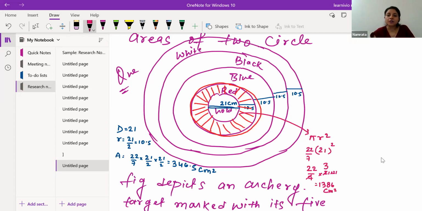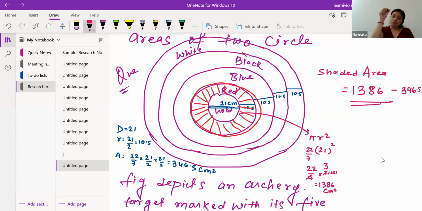So what we will do, shaded area is equal to the bigger area, that is 1386, minus the smaller area which we found in decimal, 346.5. This will give the shaded red part's area, that red marked section area. Okay. Is it clear to both of you, Jasleen and Madiha?